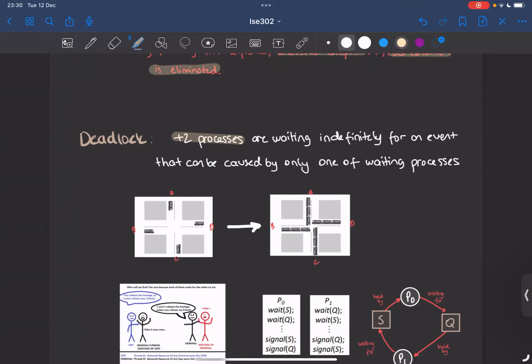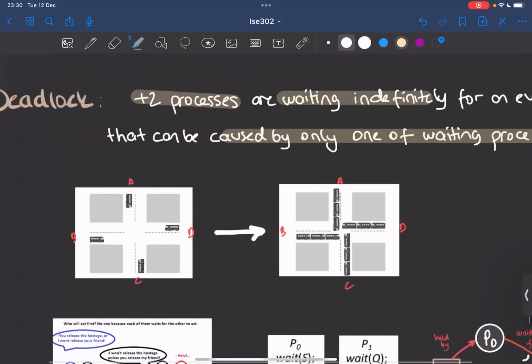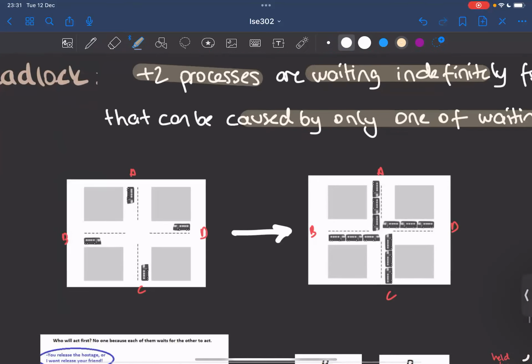In other words, deadlock occurs when 2 or more processes are waiting indefinitely for an event that can only be caused by one of the waiting processes. So let's consider a simple example involving 4 roads, A, B, C, and D, intersecting at a point.